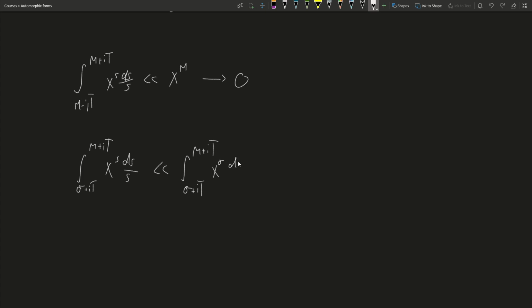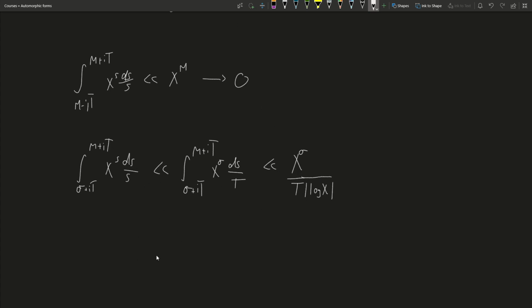We can do ds over t if we like, because sigma was assumed to be positive, so the modulus of s is greater than t. This is going to be x to the sigma over t, and then we're going to have a log x in the denominator.